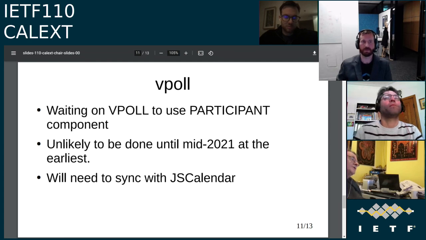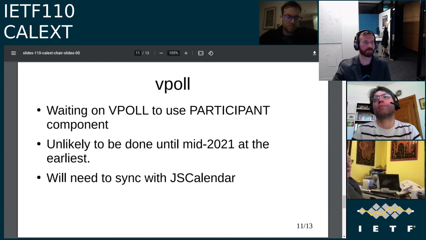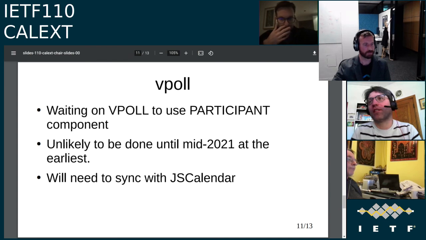Well, it uses iTIP with some extensions in that it has some new methods, because you want to indicate that it's a response or a new vote coming in or something of that kind. So there are a few new methods, but it's basically standard iTIP. So anything there will affect it to some extent. No more than anything else is affected. Yeah, the problems are the same.